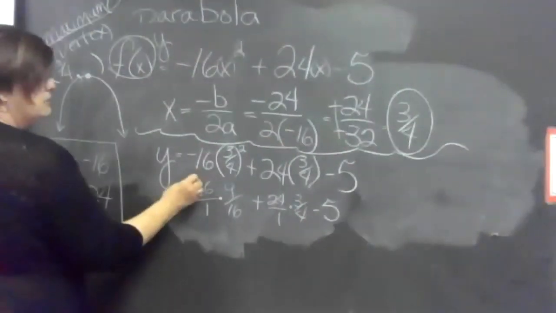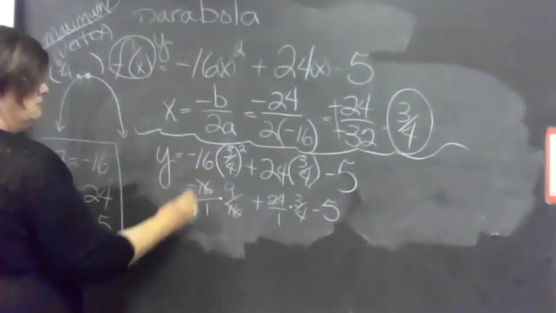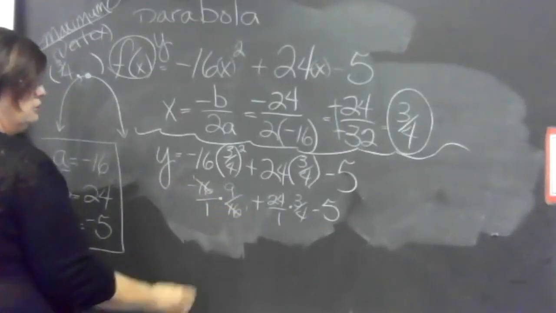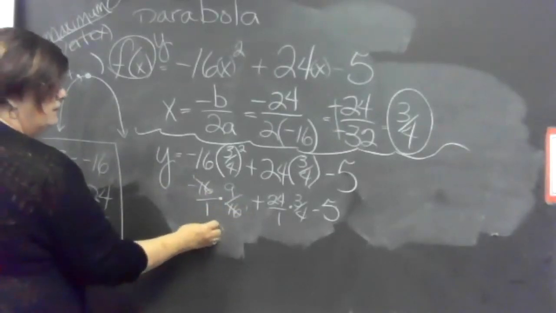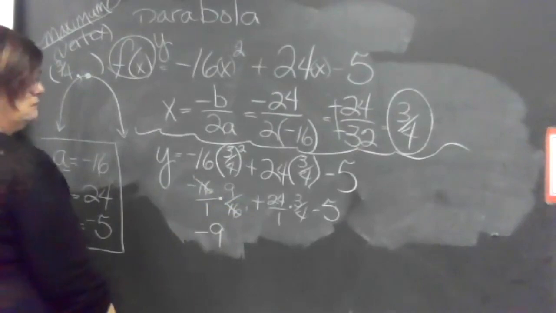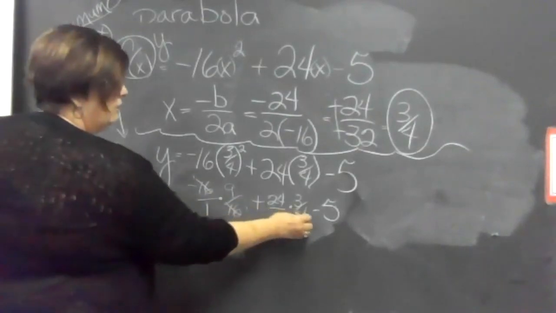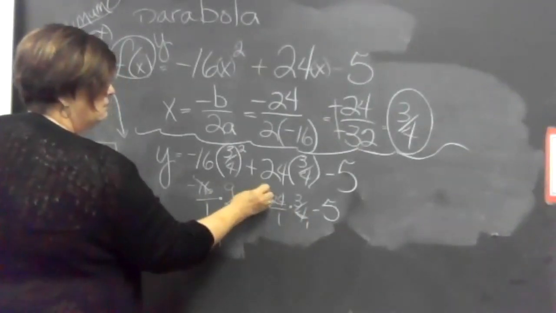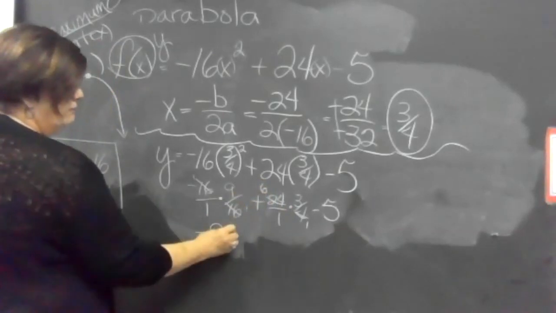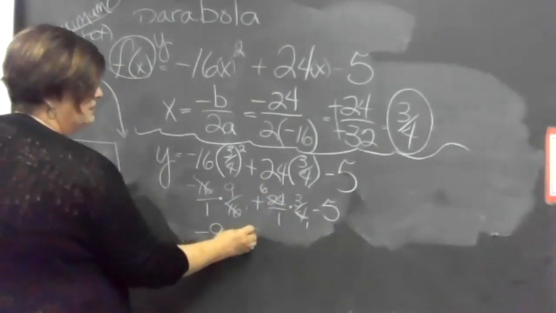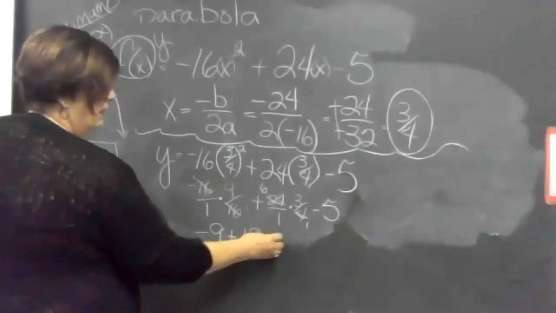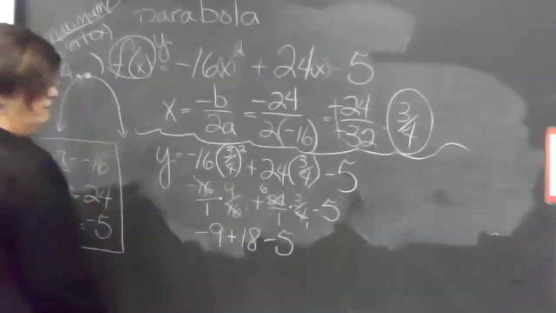Our 16s are going to cancel and make 1s, so I have a negative 9. My 24 and 4 are going to cancel, so I have plus 18 minus 5.